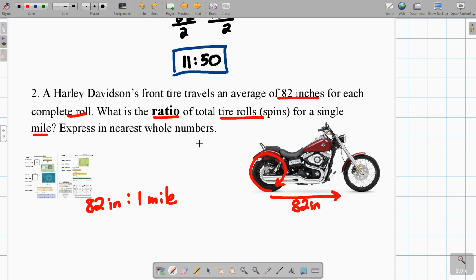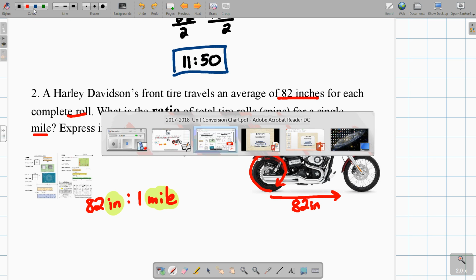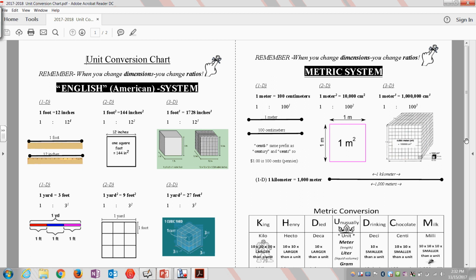Now, obviously, it's not 82 to 1, because that's not the same unit. So we need to get in the same units. This is a double conversion. Okay, first you look up how many feet in a mile. That's what people normally memorize. And if you come down here, and you should memorize this.